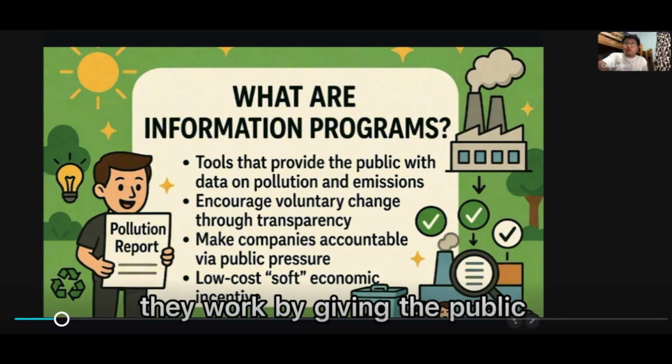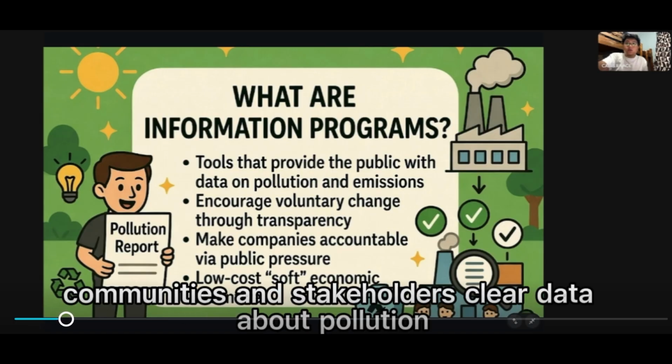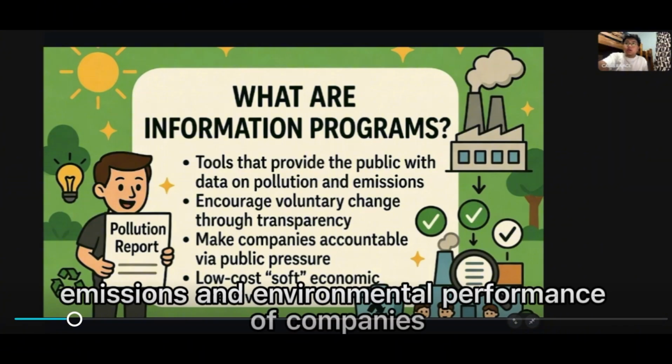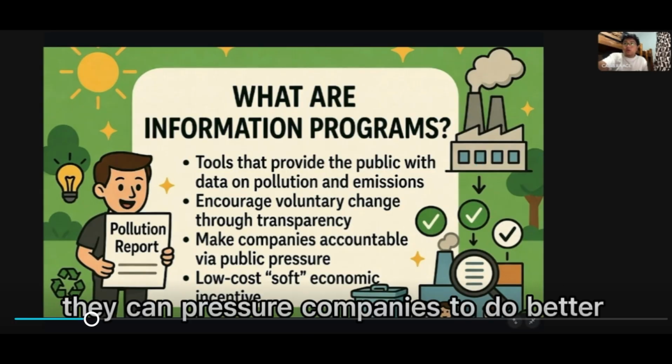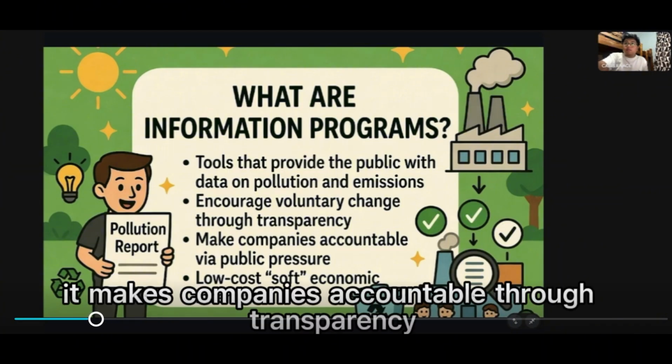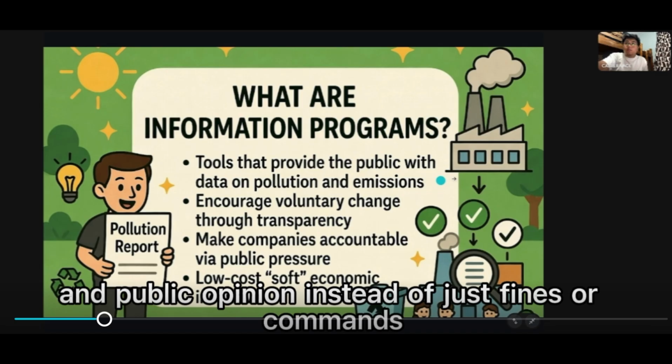They work by giving the public, communities, and stakeholders clear data about pollution, emissions, and environmental performance of companies. The main idea is simple. When people know what's happening, they can pressure companies to do better. It makes companies accountable through transparency and public opinion instead of just fines or commands.